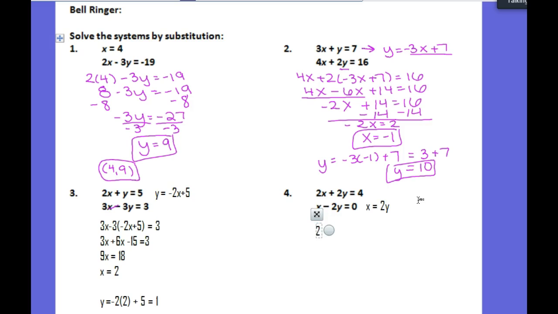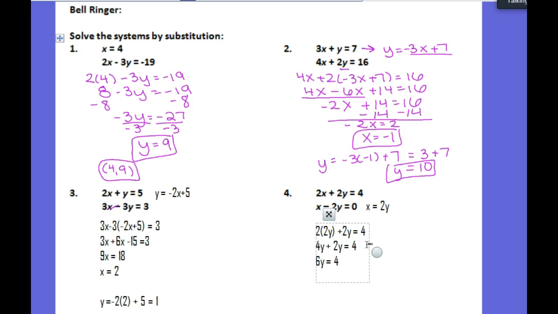So you had 2 times quantity 2y plus 2x equals 4. 2 times 2 is 4y plus 2y equals 4. 4y plus 2y is 6y, equaling 4.